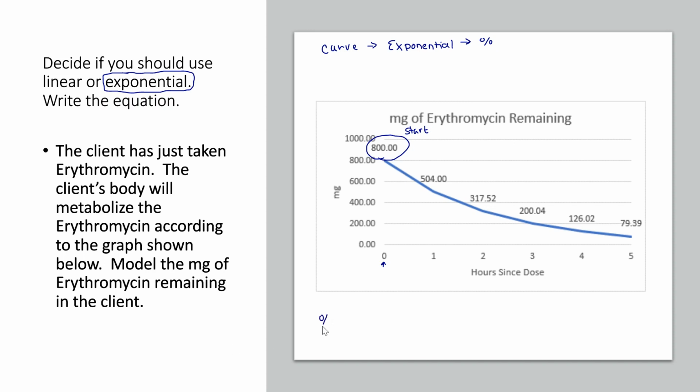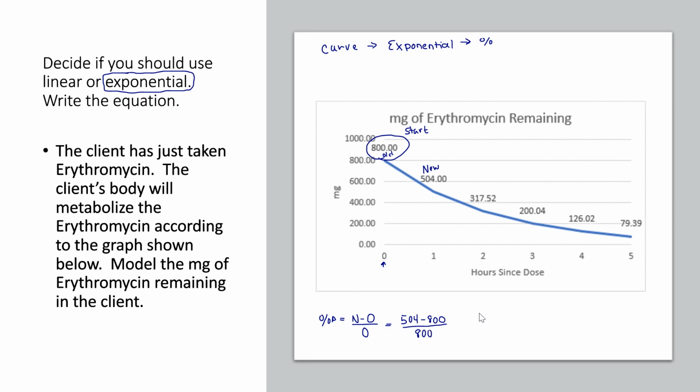And so to calculate percent change, I start with new minus old divided by old, and that will give me the decimal. And I want it as a decimal, so I don't want to multiply by 100. So this 800 is my old value. My new value 1 hour later is 504. So I will take 504 minus 800 and divide by 800.